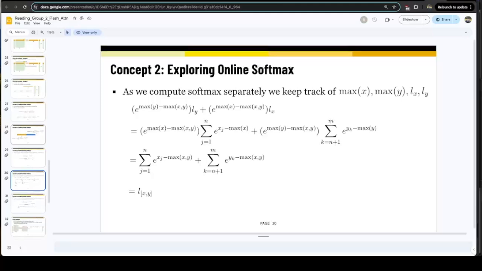So max of x was the old value in the numerator, and now you can get rid of that. And then you can combine them when you've added in the new scaling value. So it's basically very simple algebra. And then once you combine these two sums in the bottom line, you get the new denominator across this whole double vector, which is something that we can then use to combine tiles, right?